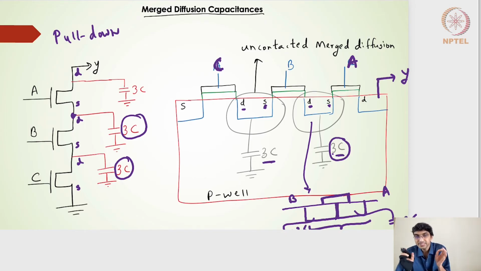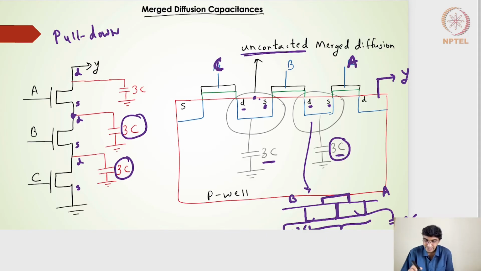So wherever you see the series transistors, we will have the merge diffusion capacitances also, right? So even in a 3-input NOR gate or a 2-input NOR gate, we will have two of the PMOS transistors connected in series. So whenever we see series transistors, we will have merge diffusion uncontacted capacitances, right? Uncontacted, because there is no metal line here which is connecting.